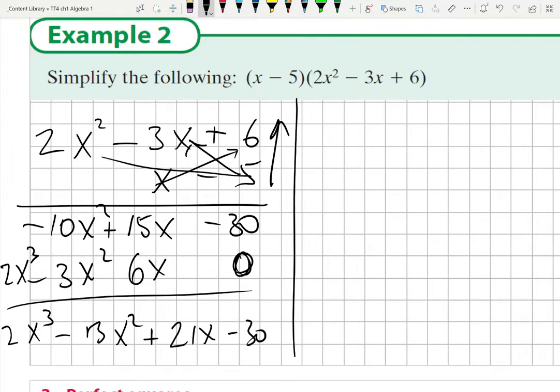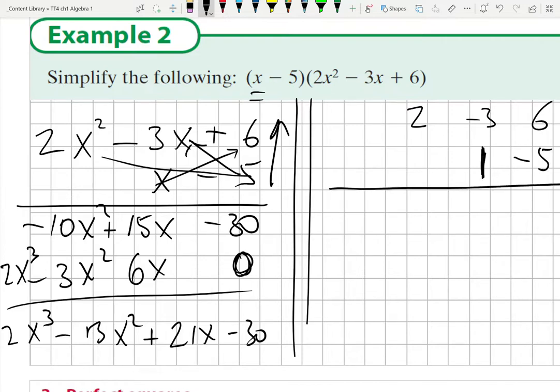Now I'm going to do it with the letters out, because I'll just understand that that's in a column of x squared. And this is exactly how our number system works, so it shouldn't be very confusing for us. The x here is worth 1, and you've minus 5. And this will remind you of just long multiplication.